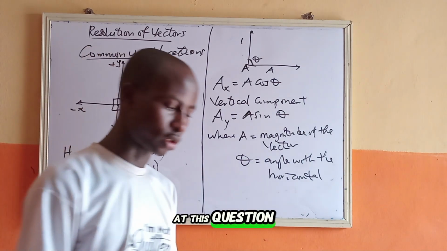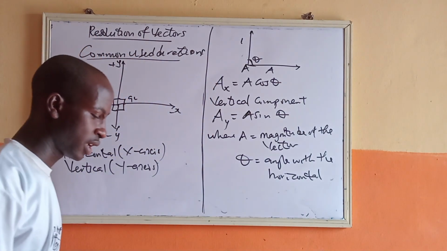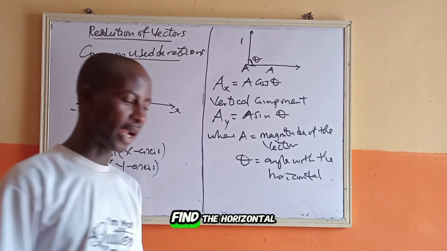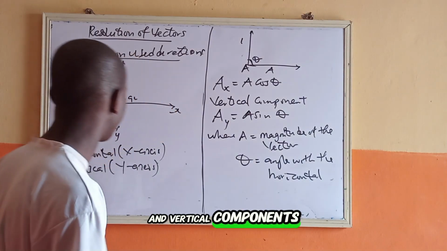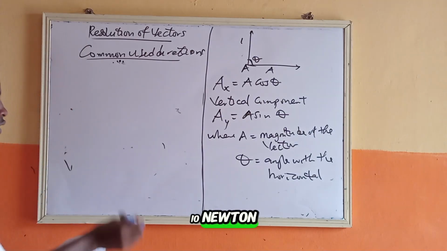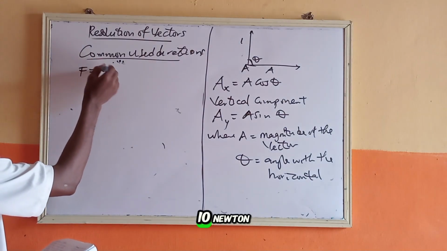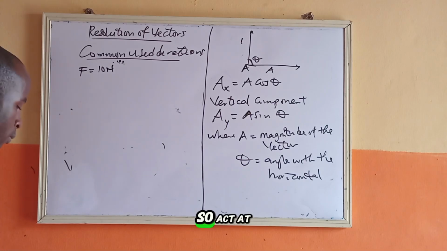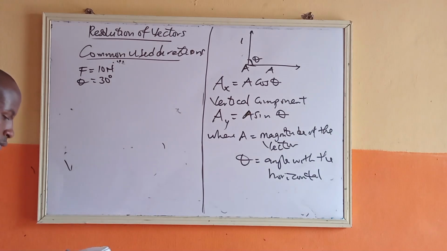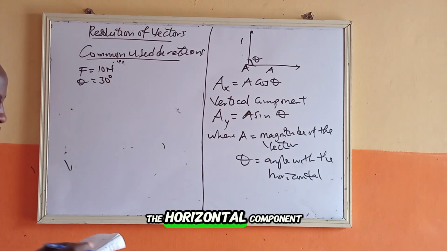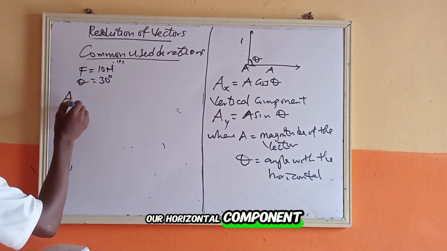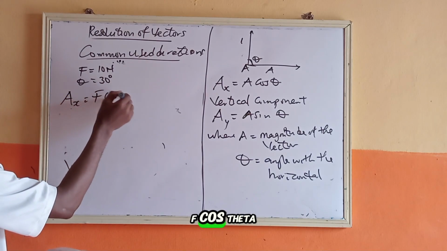Okay, let's look at this question. A force of 10 Newton acts at an angle of 30 degrees to the horizontal. Find the horizontal and vertical components. So theta is 30 degrees. As we say, our horizontal component is equal to F cos theta.